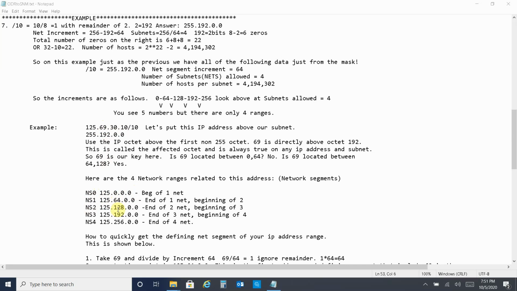We add 64 to that, we got 128, 64 to 128, we got 192, 64 to that, we got 256. And that's our 4. Our 4 segments, right? Remember what we said, they're ranges. So first range, second range, third range, fourth range, even though you got 5 of these. Remember, they're ranges, okay?